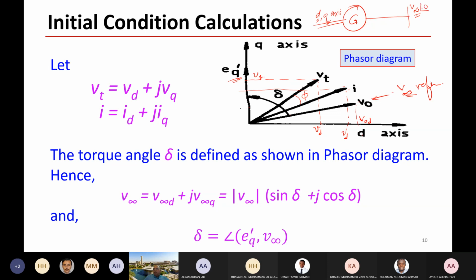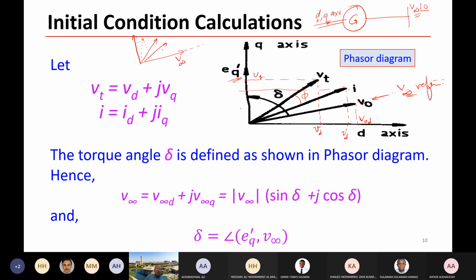So we consider V infinity as our reference with angle 0. But if we project all these vectors on this reference, you can have a projection of EQ prime on that reference and on the perpendicular. But here, EQ prime is on the quadrature axis.